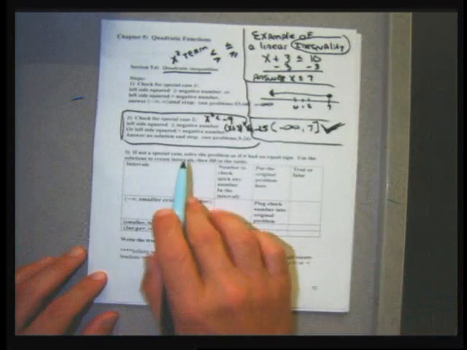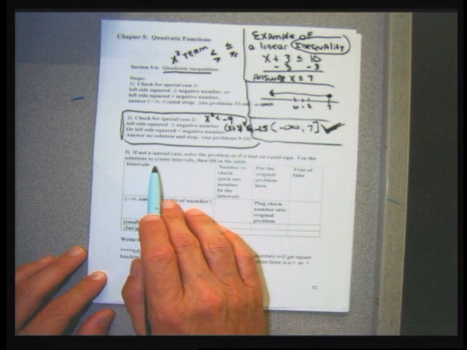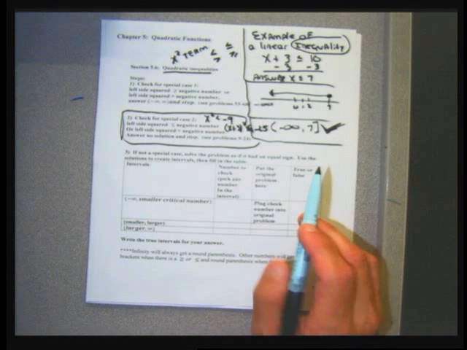So in the non-special case, first I'm going to solve the problem as if it had an equal sign, and I'm going to use the solutions to create intervals on a number line.